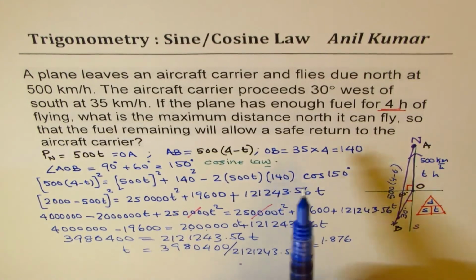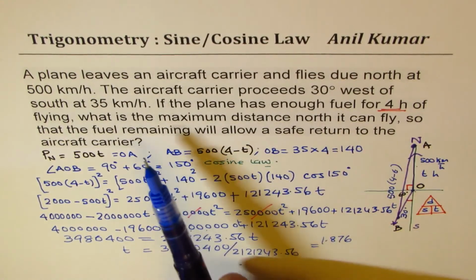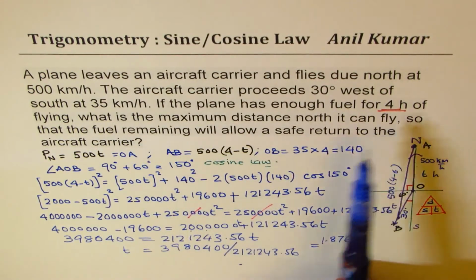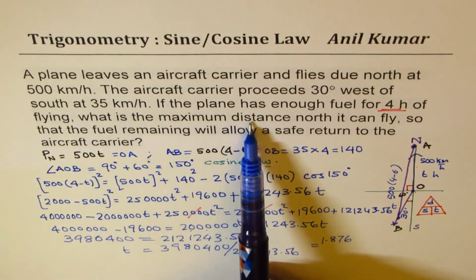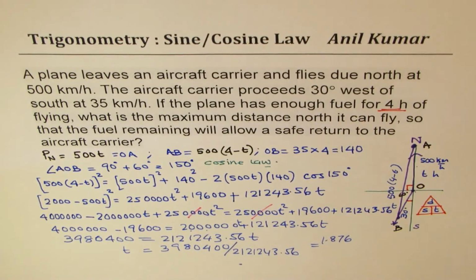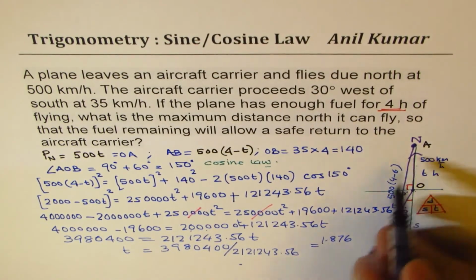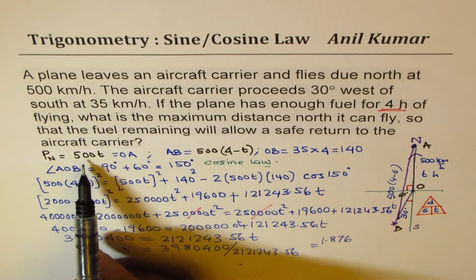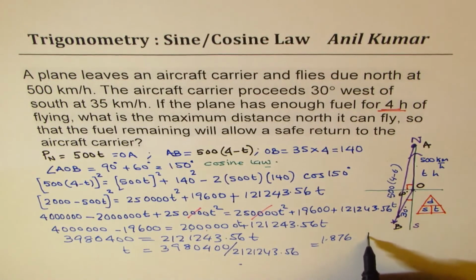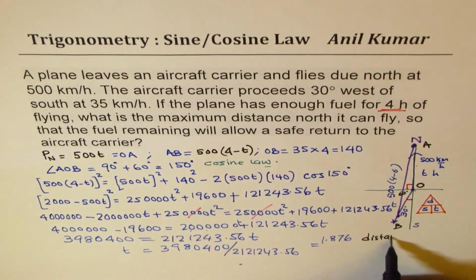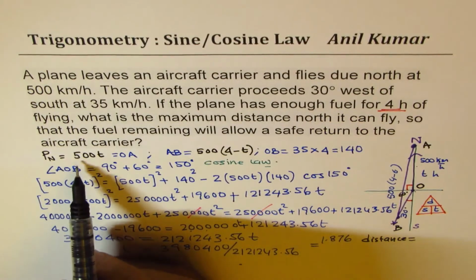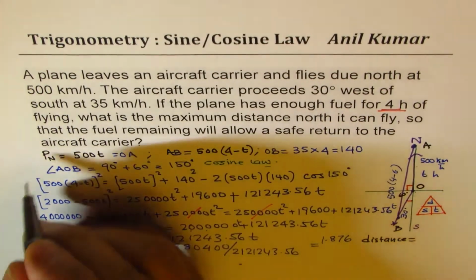So we want to find the maximum distance north it can fly so that the fuel remains. So that is the time t. So the distance is 500 times t, correct? So the distance will be equals to that times 500. So this is the distance which is our answer.